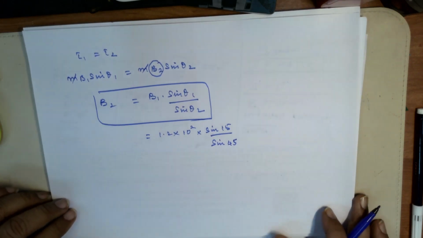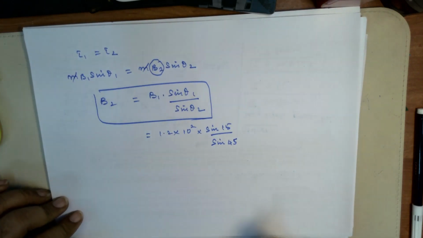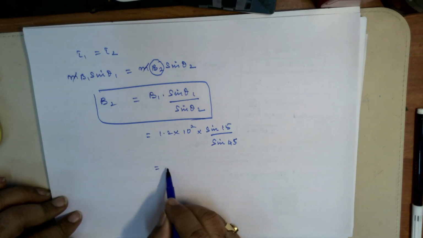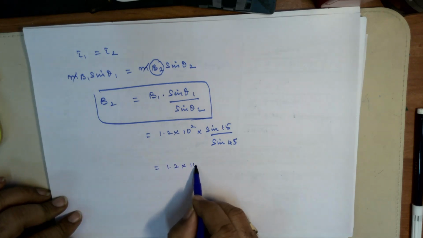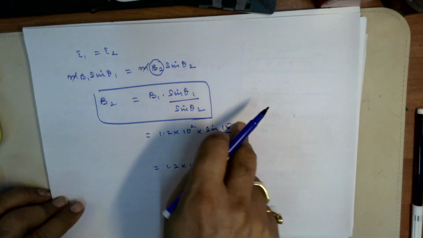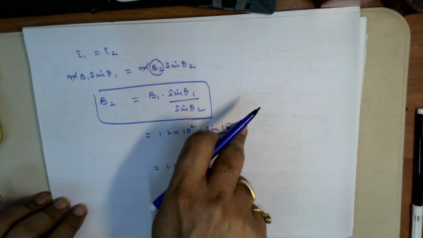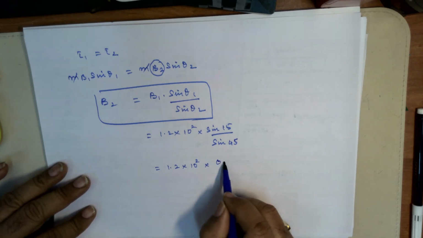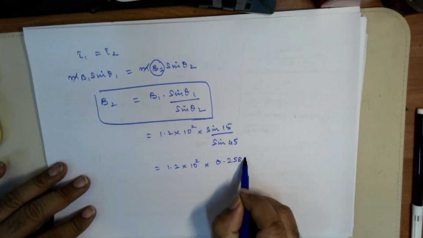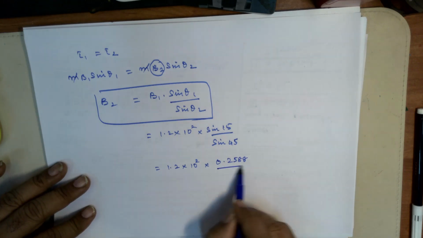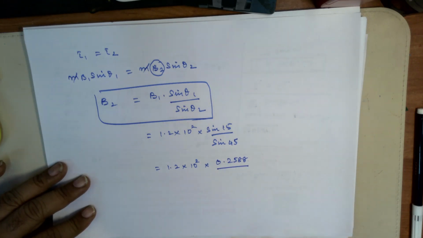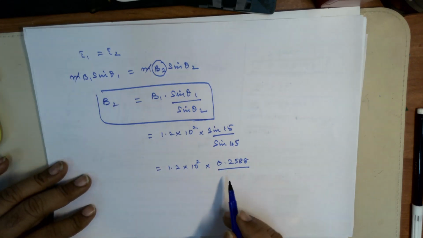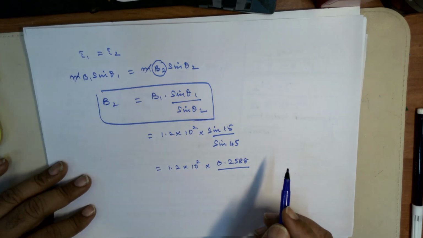Now 1.2 into 10 squared, and you can refer to the sine table in the logarithm table. The sine 15 degree according to this is 0.2588. You can check with the logarithm book, otherwise you can use the calculator. But you will be provided the logarithm book, and there will be a separate trigonometric table for that. Then sine 45, what is that? 1 by root 2.